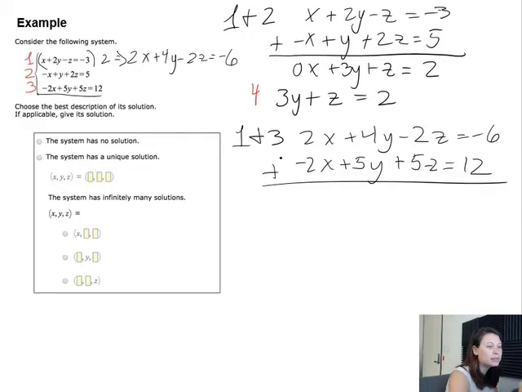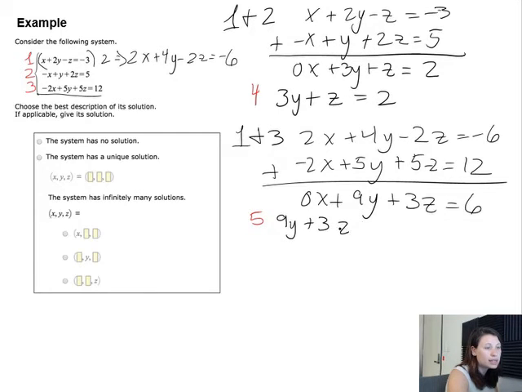So then add them together. So we get 0x plus 9y, let's see then, plus 3z is equal to 6. So our fifth equation then is 9y plus 3z equals 6.